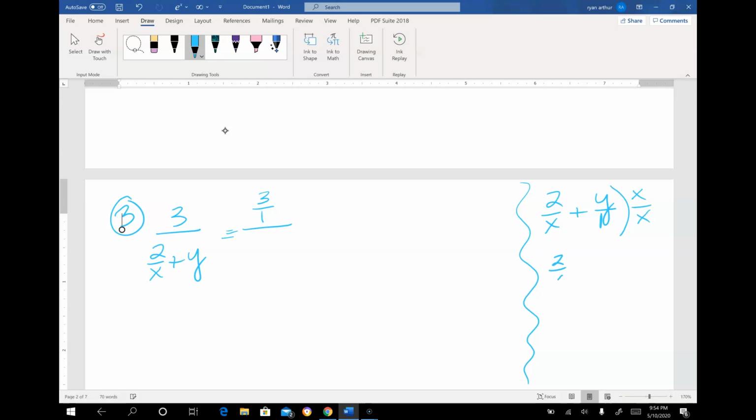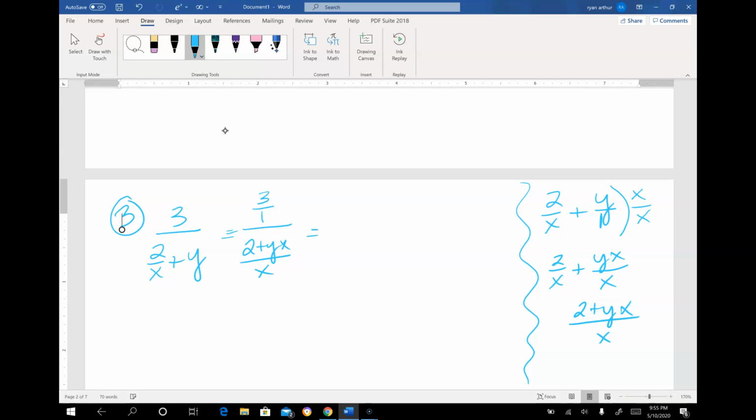And then I get 2 over x plus yx over x, which is 2 plus yx over x. That's exactly what we did in our last lesson. I combined the top, and the bottom had a common denominator. So now this can be rewritten as 2 plus yx over x.